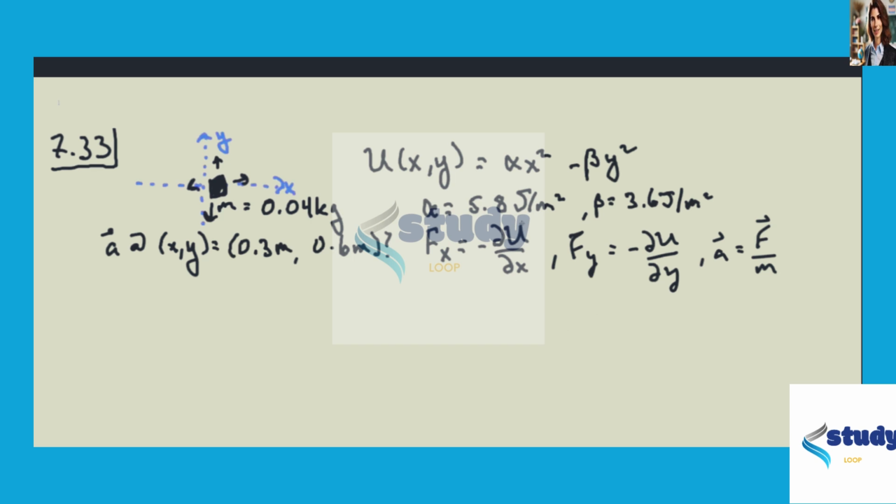So let's get started taking some derivatives here. F sub x will be negative times the derivative with respect to x of this. This has no x dependence, so its x derivative is 0. And then we'll have a 2 alpha x here, with a negative sign.